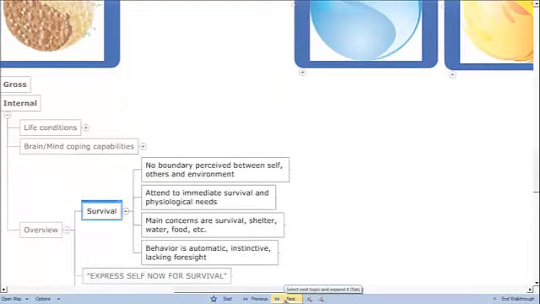There are no boundaries perceived between the self, between others, and the environment. The person at Earth internal only attends to immediate survival and physiological needs, and their main concerns are survival, shelter, water, food, and so on. And their behavior is automatic, instinctive, and lacks any type of foresight whatsoever.